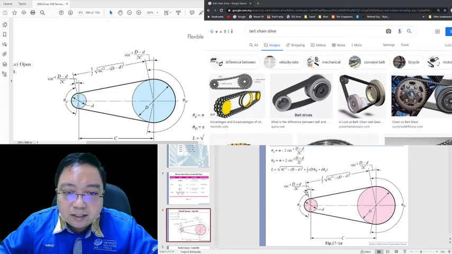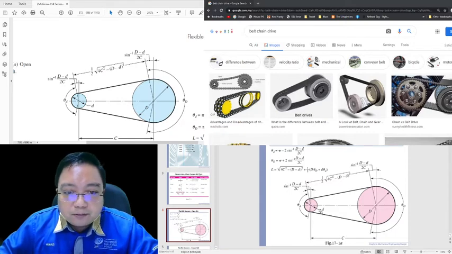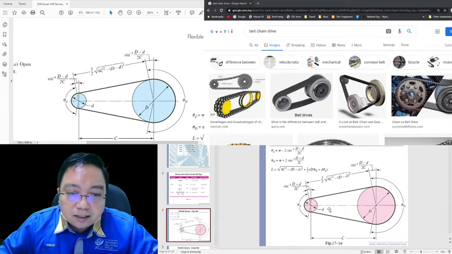The way you learn, you have to be alert to where the location of each symbol is. For example, the small d is the small gear, and the capital D is the bigger gear.